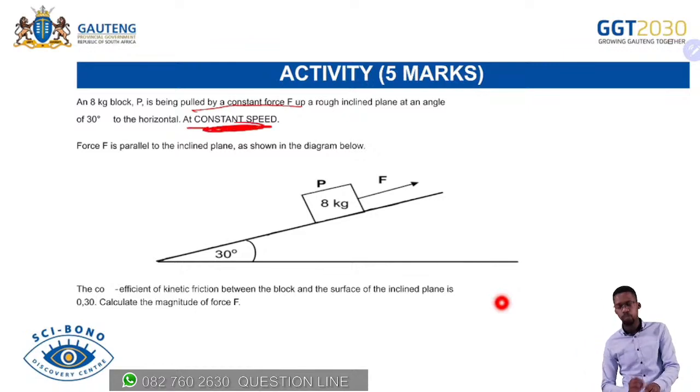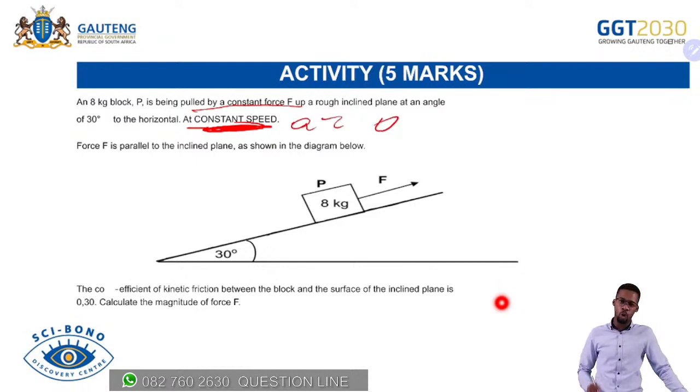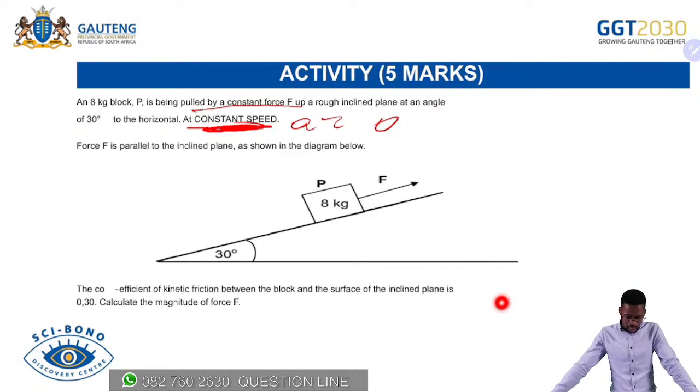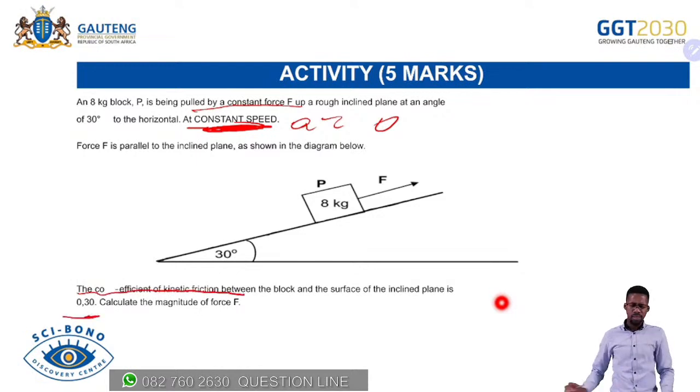You must bear in mind at constant speed: if we don't have any change in speed, it means our acceleration is equal to 0. The force F is parallel to the inclined plane as shown below. Then we are told that the coefficient of kinetic friction is 0,30.